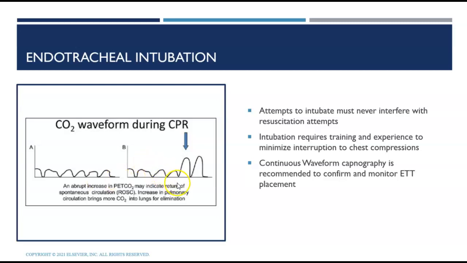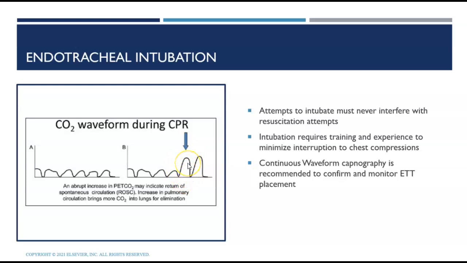It also is one of our first indications that the patient has had a return to spontaneous circulation. The term ROSC is what we use to tell us when the patient's heart starts beating on its own again. The first indication that that's happened is on the CO2 waveform. When I see a sudden spike in my exhaled CO2, that means the lungs are being perfused better.